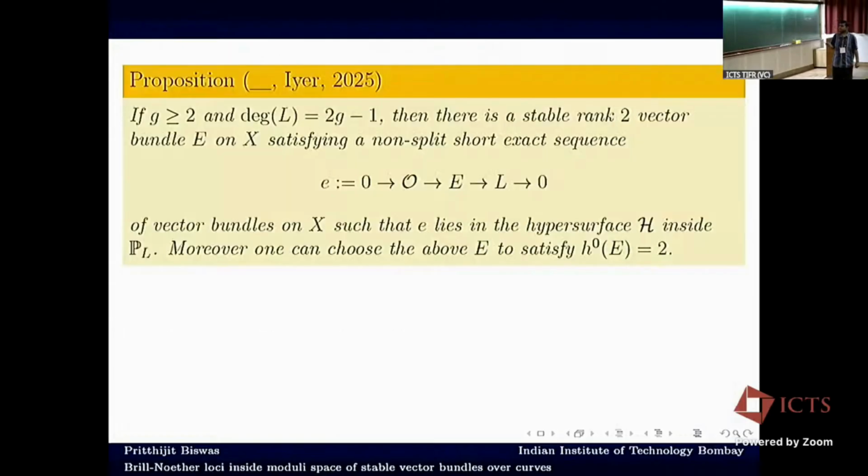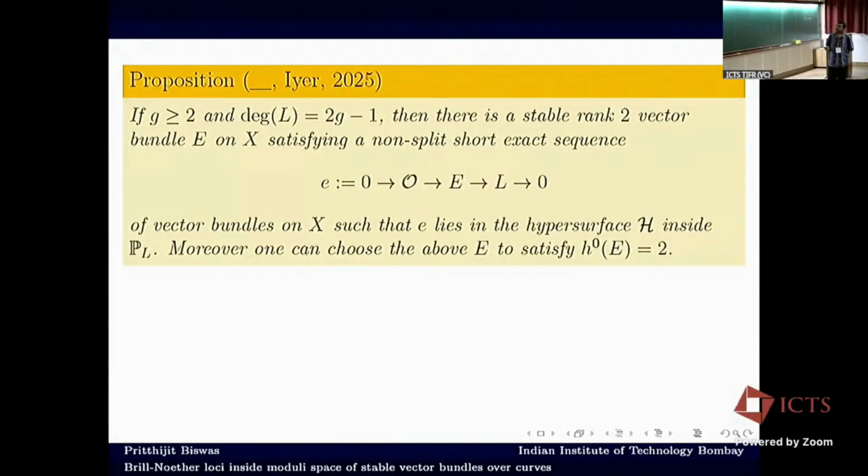So what we show is that in these cases, when the degree is 2g minus 1, there is a stable rank 2 vector bundle which lies inside the hypersurface. And moreover, one can choose E to satisfy h0 of E to be 2. So the generic extension inside the hypersurface will have global sections exactly 2.